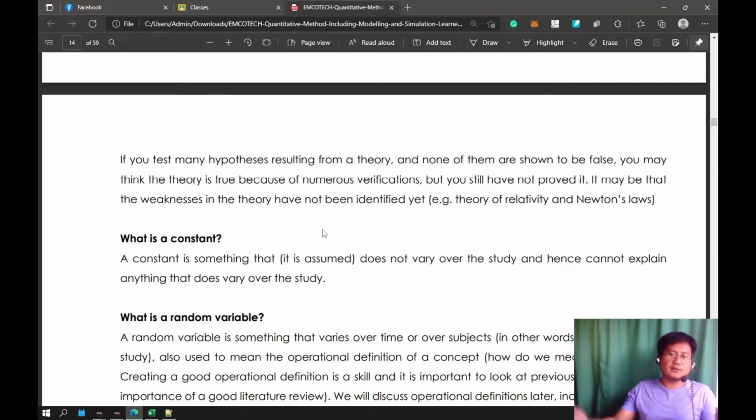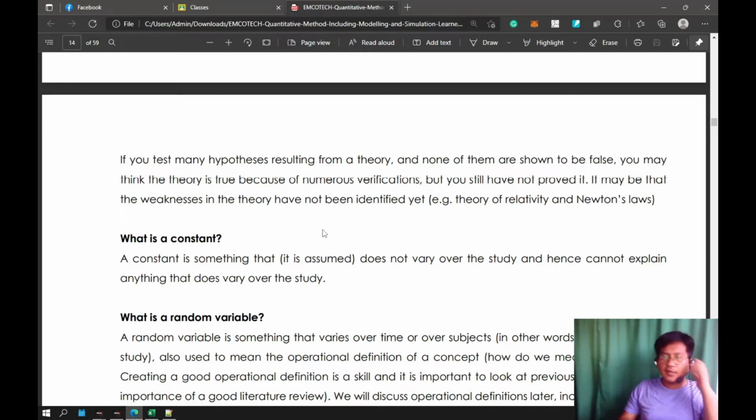It does not mean na yun na yung totoo, na tama yung hypothesis mo. Maybe you need to explore more or test your hypothesis more on a much more complex or other theory. It says it may be that the weaknesses in the theory have not been identified yet.